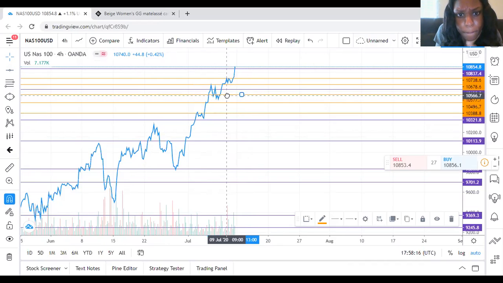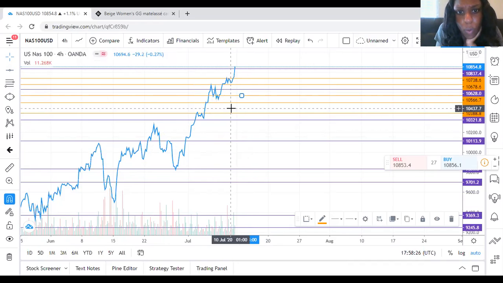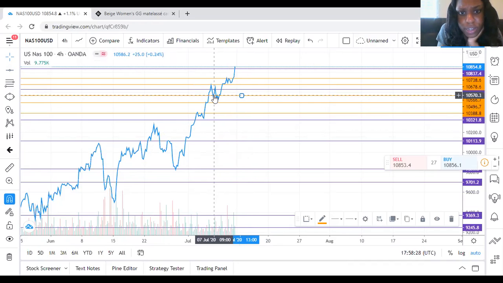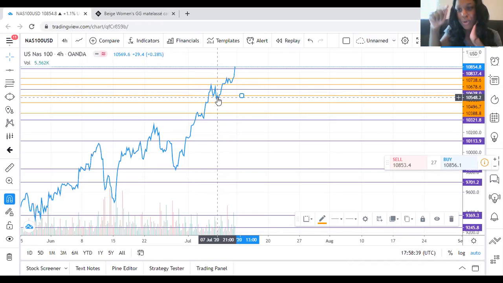I'm going to put it right here, only because it touched this zone, bounced off this zone and went back to the zone. It pierced this zone again from below. It hit it and it broke. So this zone right here did a little pullback, but that is irrelevant.